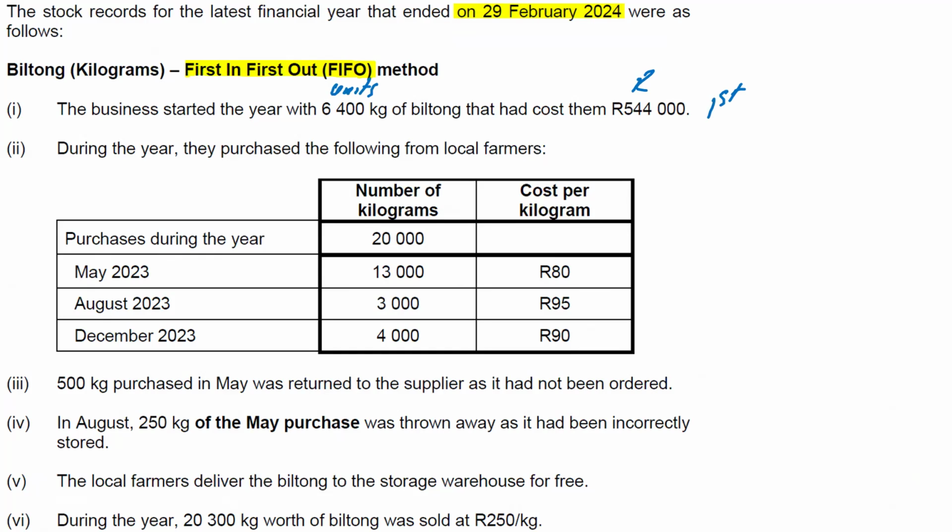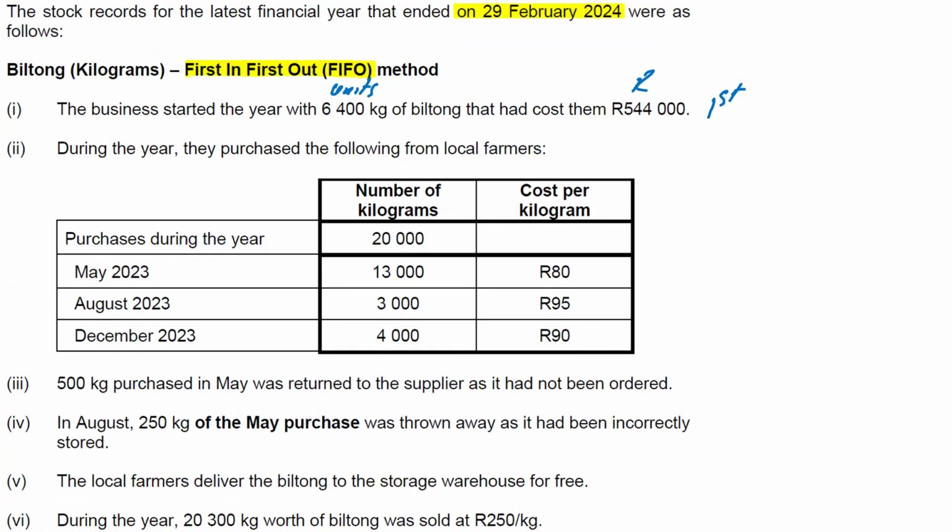And purchases during the year amounted to 20,000, which is the number of kilograms purchased for the year. In May 2023, they purchased 13,000 kilograms of biltong at 80 rand each. In August 2023, they purchased 3,000 kilograms at 95 rand per kilo.